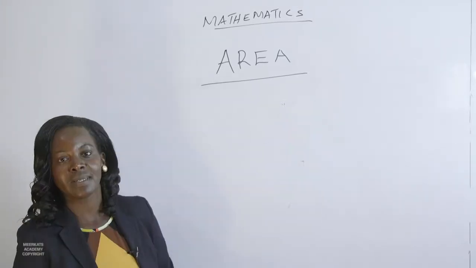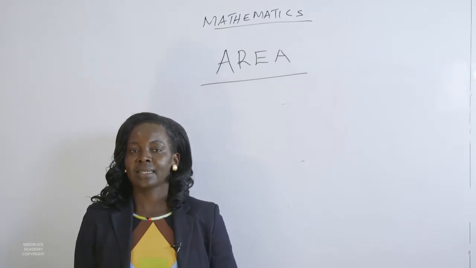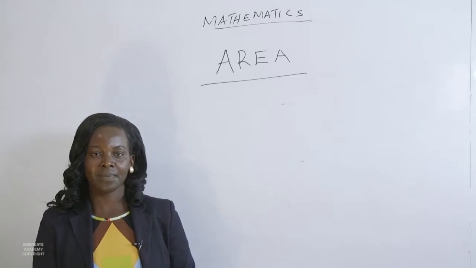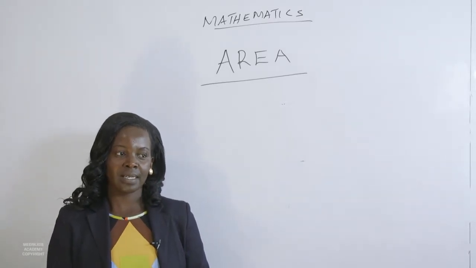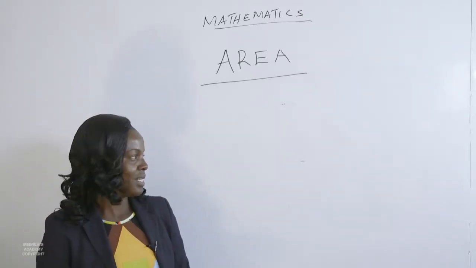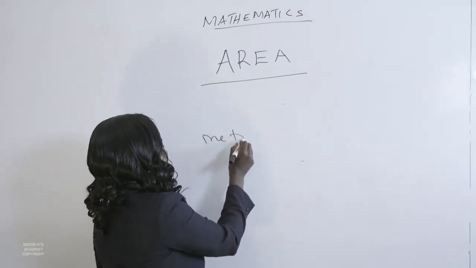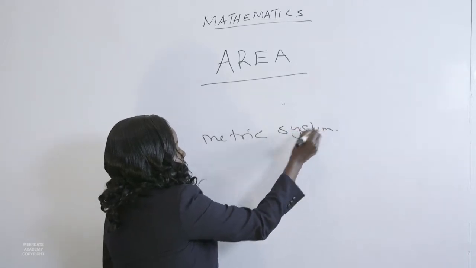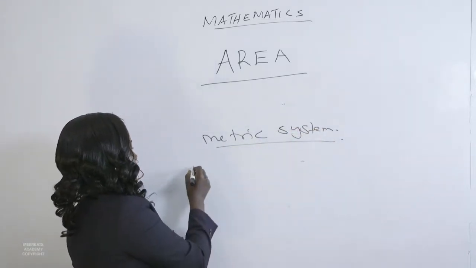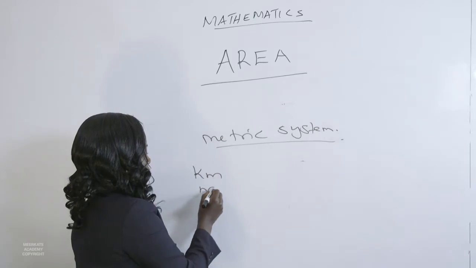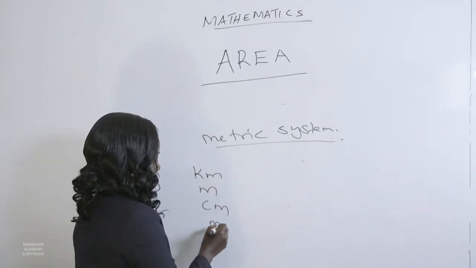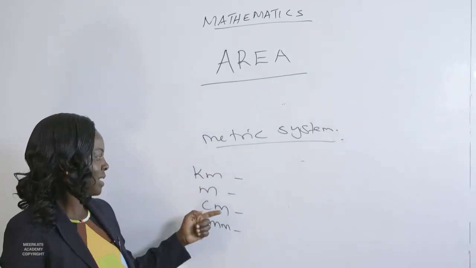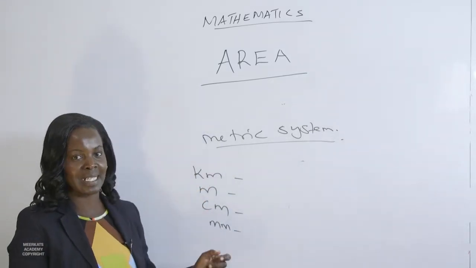In our last lesson, we said that length is measured using a metric system, which the common unit is a meter. And we said in the metric system we have the kilometers, the meters, the centimeters, and the millimeters.